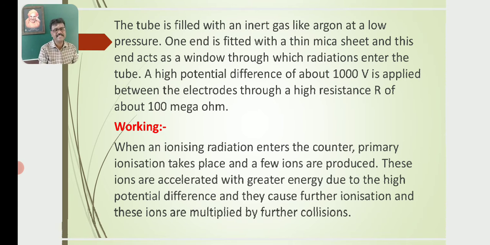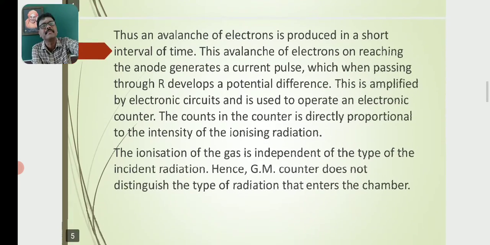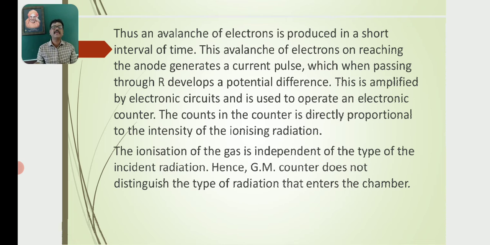Like this, the multiple ionization process occurs inside the tube of the Geiger-Muller counter. Thus, an avalanche of electrons is produced in a short interval of time.